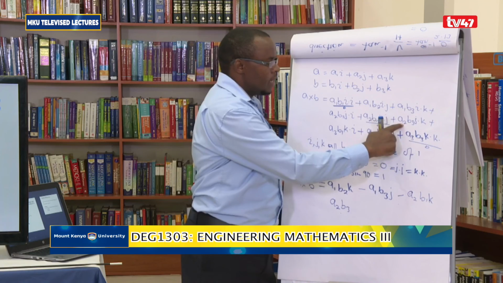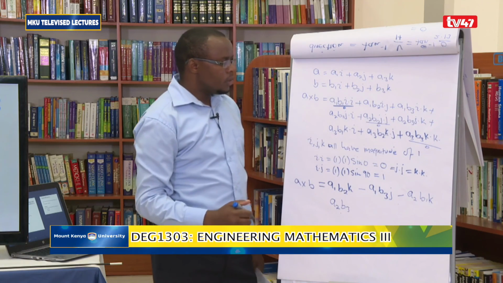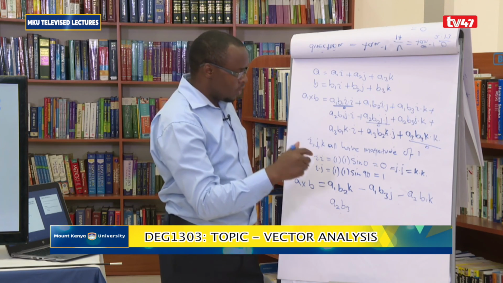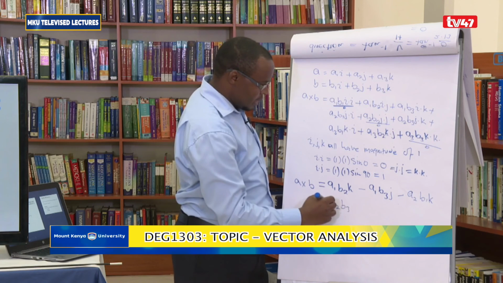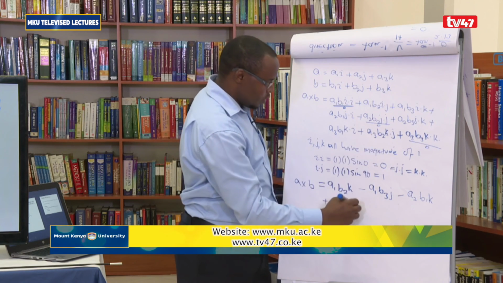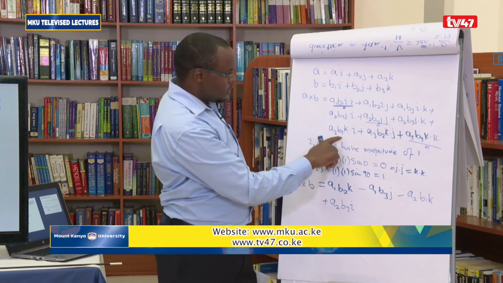We have J K. So J K is going in the forward direction, and therefore it's going to be positive, and J K is going to give us I.